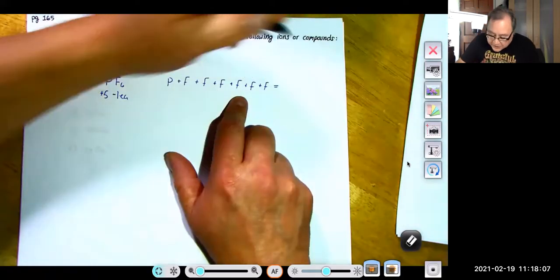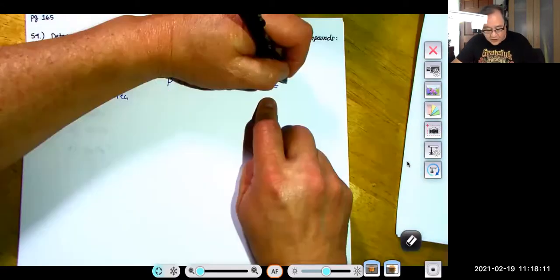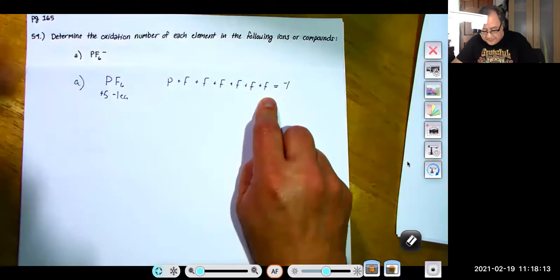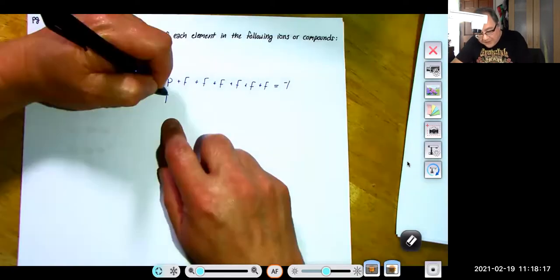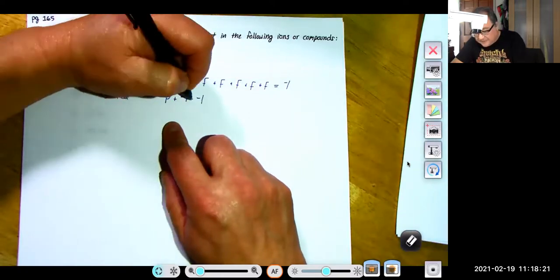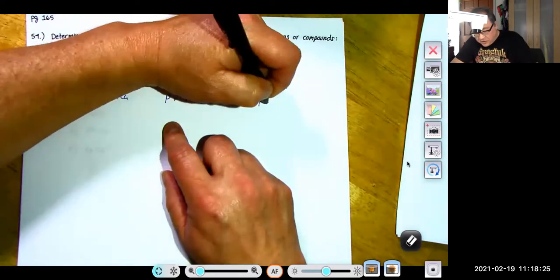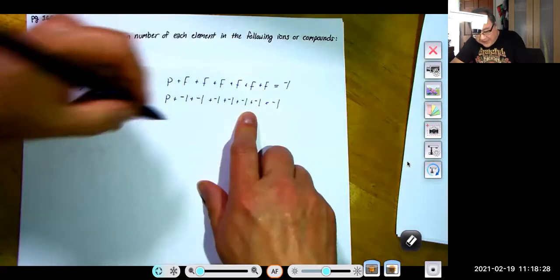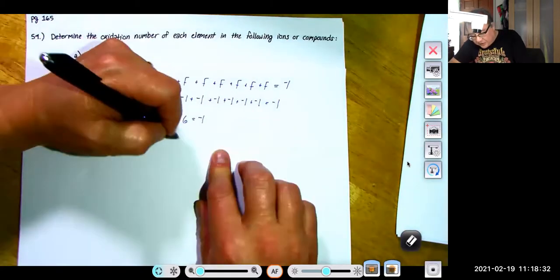If you add up the oxidation number on each of these elements, it should equal -1 because that's the charge. So the fluorines are going to be -1 in this case. You add those all up and you get P minus 6 is -1, and then P is equal to positive 5.